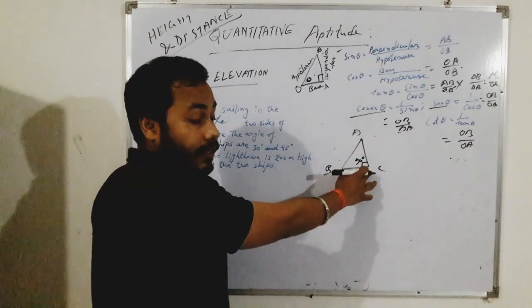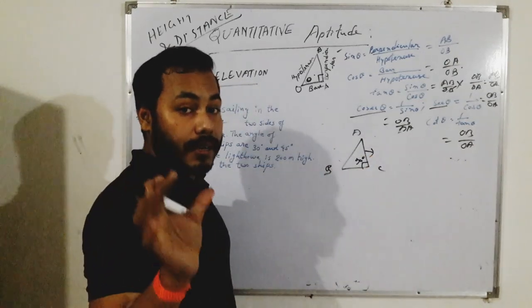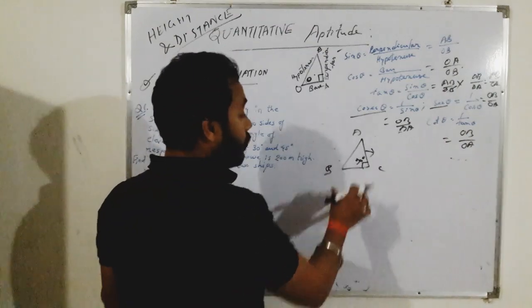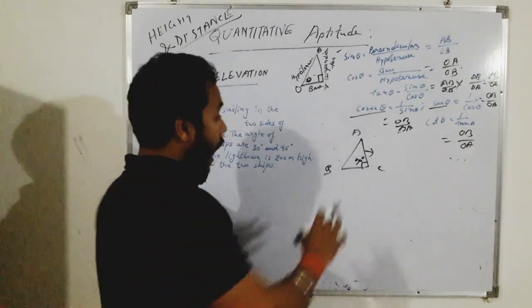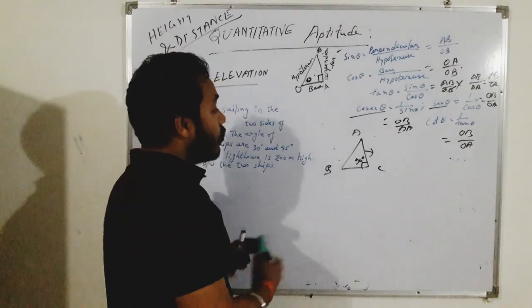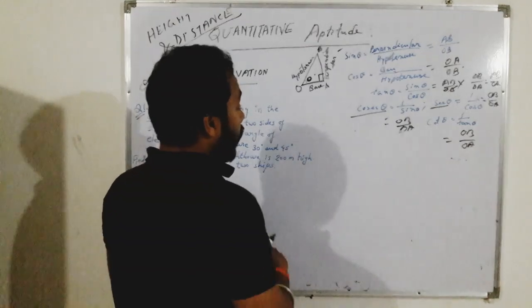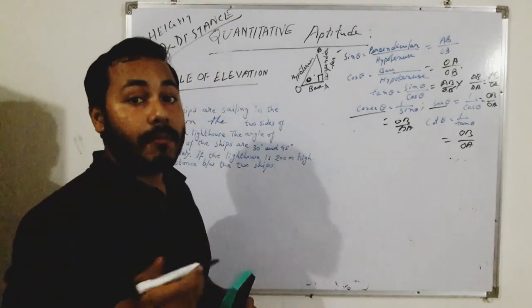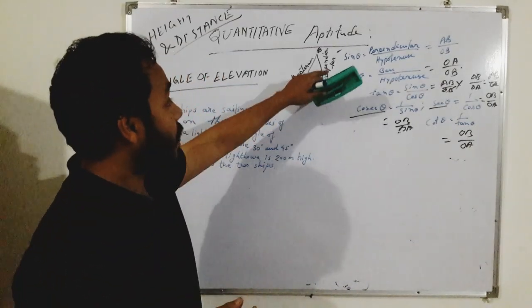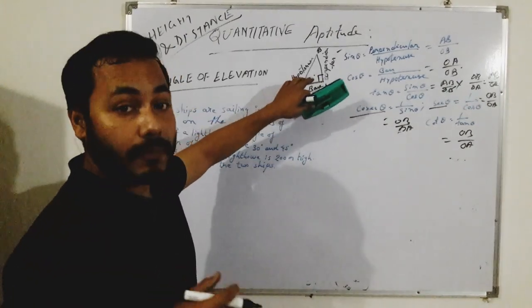If this is the 90 degree angle, then AC will be known as perpendicular, BC will be known as base, and AB will be known as hypotenuse. Based on this, we have some formulas. We are trying to find out some values with respect to the perpendicular, hypotenuse, and base. Values of what? Values of angle.